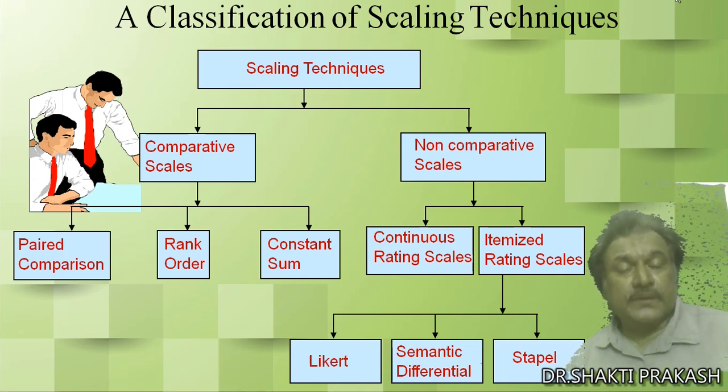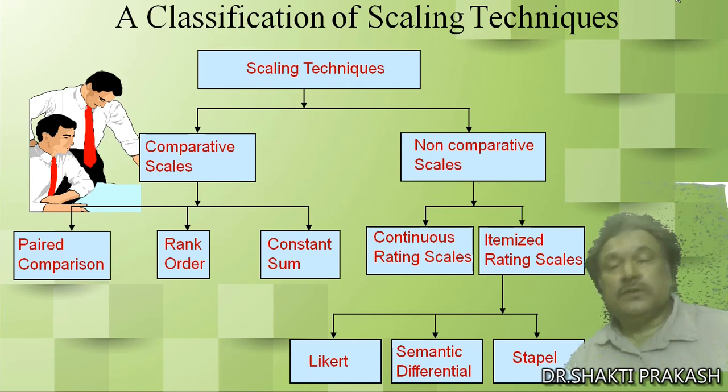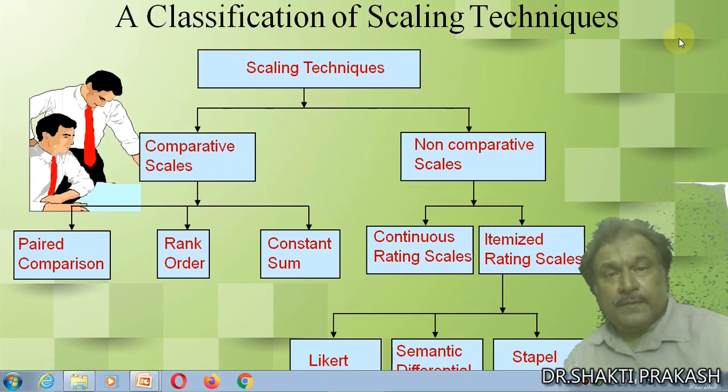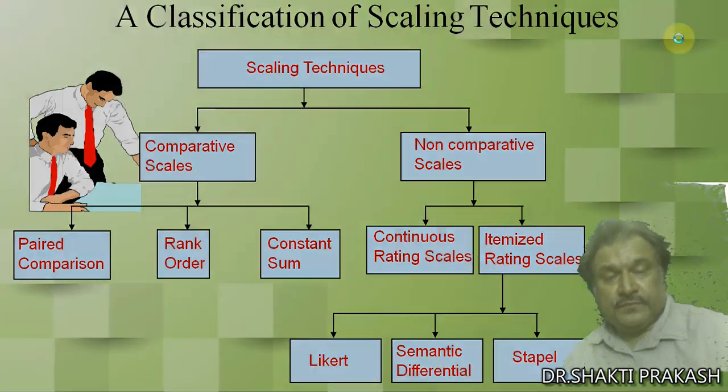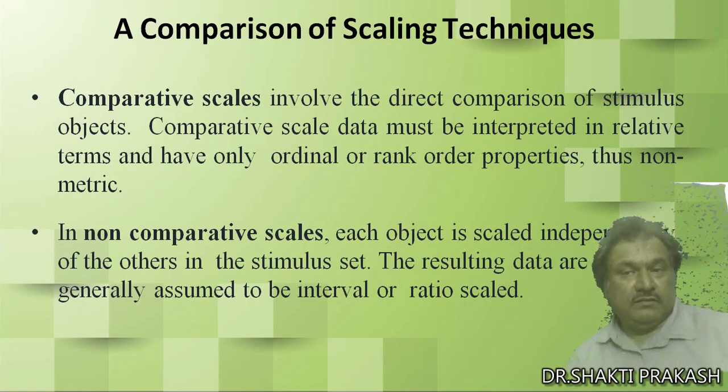Itemized rating scales are again divided into Likert, semantic differential, and Stapel scales. These are the techniques by which we can collect the data for the particular scale.